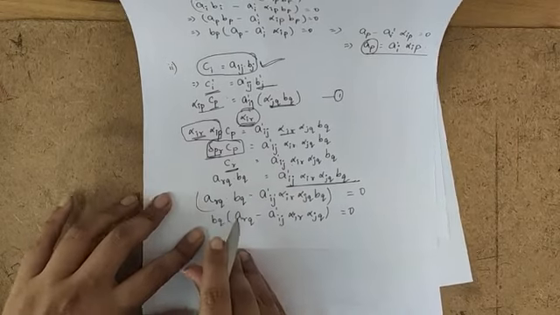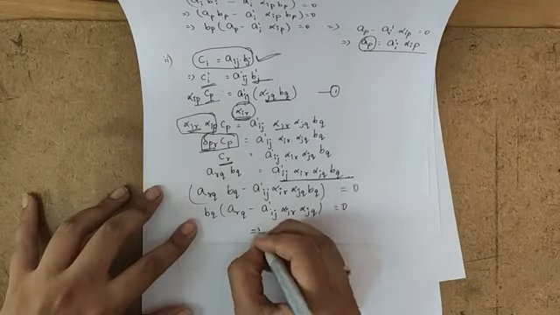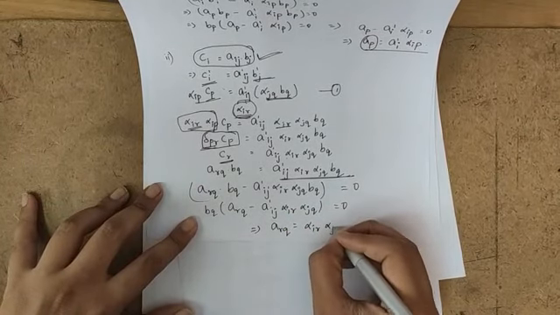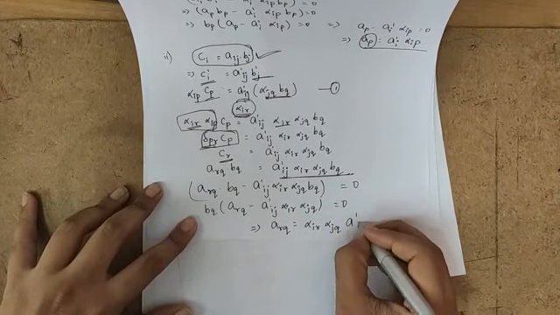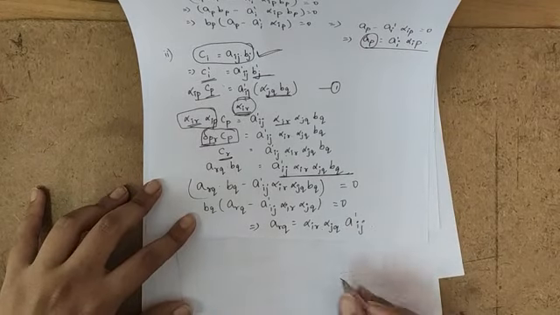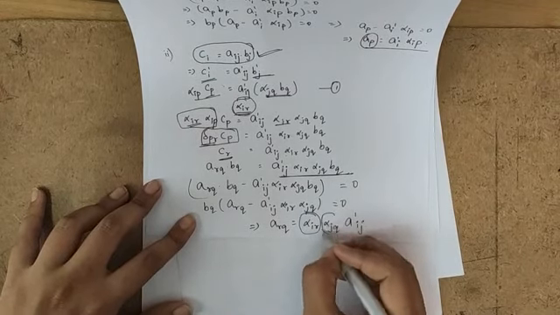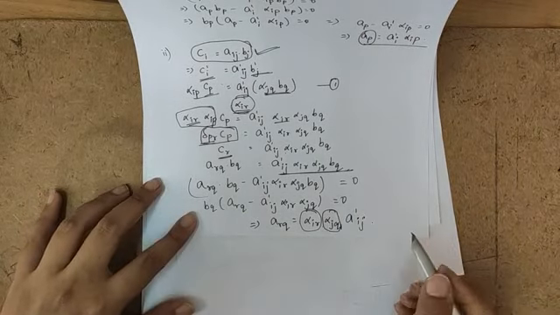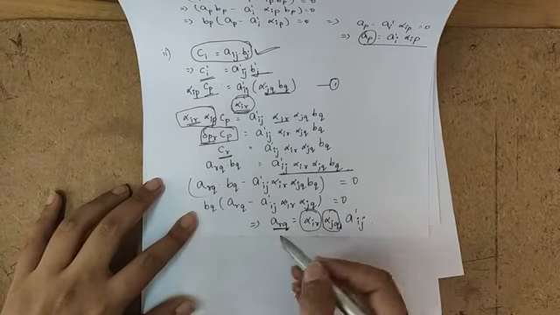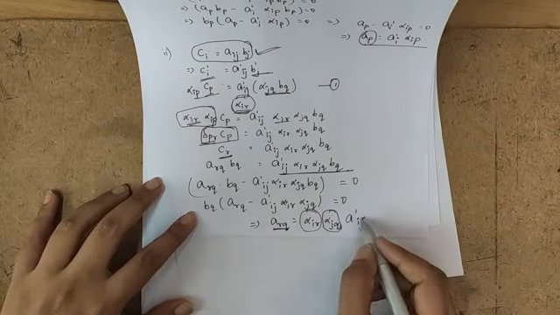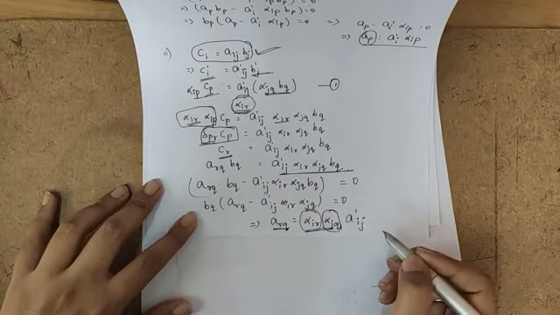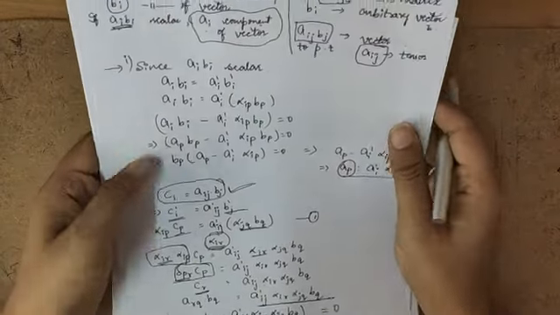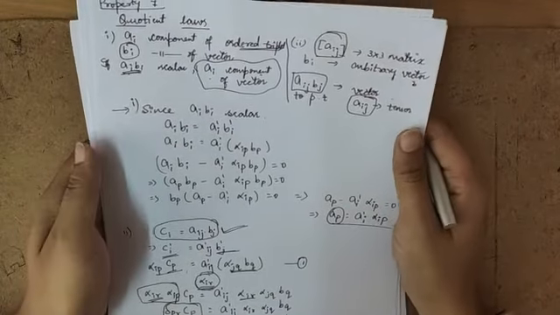Since B_q is an arbitrary vector, I can write A_rq is equal to alpha_ir alpha_jq A prime_ij. So here you can observe you have got a second order tensor. That means A_rq or A_ij obeys the transformation rule of a second order tensor. So this is all about the basic properties of tensors.